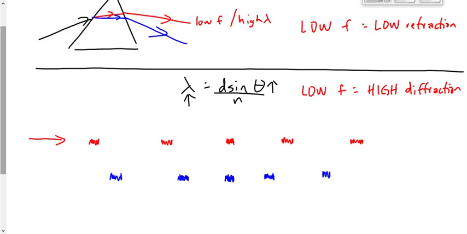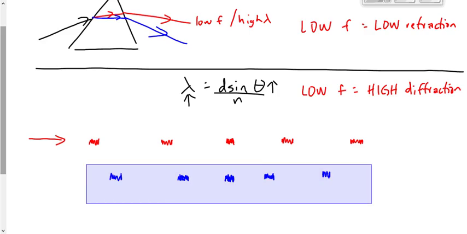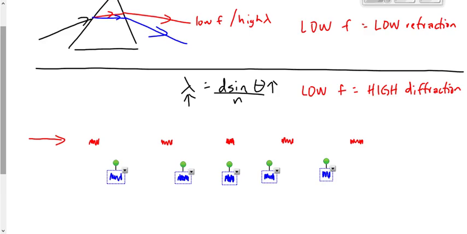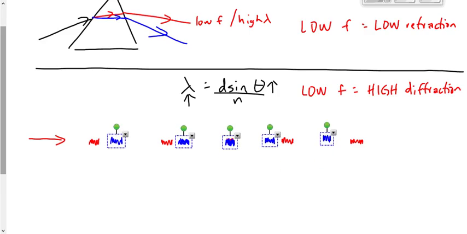Now, what happens if I have red and blue together? What happens if I'm shining red light and blue light through this diffraction grating at the same time? Now what happens is that we get these two interference patterns superimposed over one another. This would be our central maximum, n is equal to 0, that is some kind of combination of red and blue light.